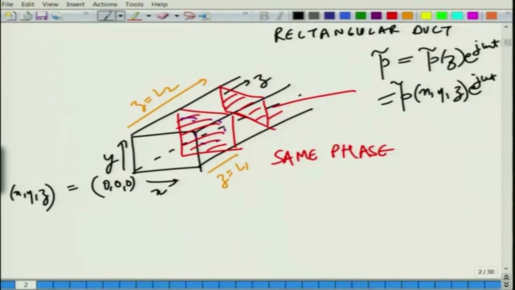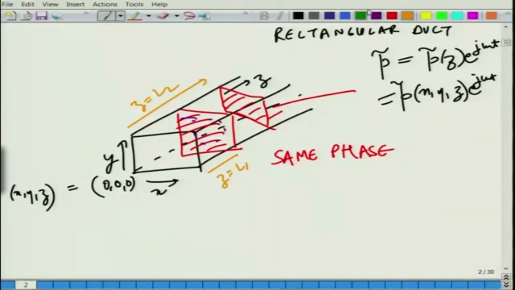So, the waves will no longer depend only on z, their propagation will also depend on the x and y values. What it means is that this surface will no longer be a planar surface, it would probably have some sort of variation across it.